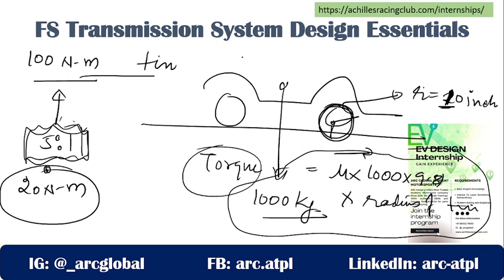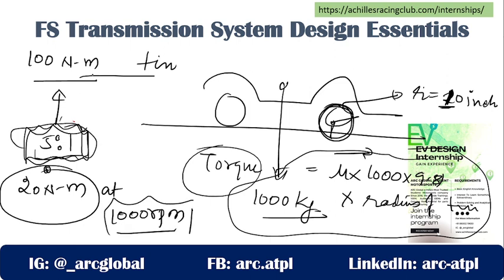Your engine is producing 20 Newton meter at 1000 RPM. When this gear ratio is implemented, you will achieve 100 Newton meter at the tire, but your RPM will reduce to 200 RPM. The question comes up: is this 200 RPM sufficient to get you the speed of 60 kmph?